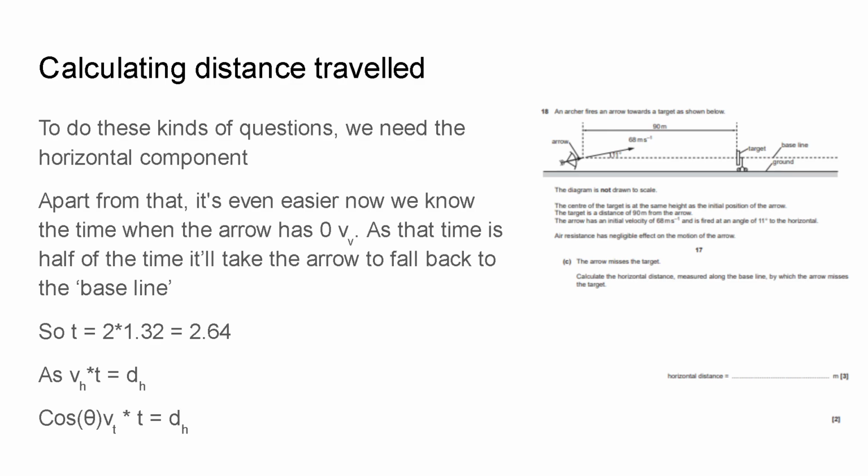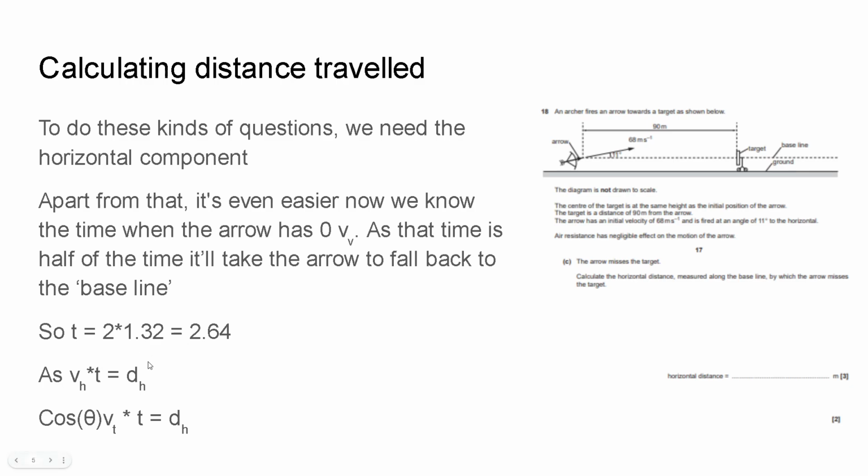This is a bit of a neat trick, but since the acceleration is constant the whole time, if you know the time when the arrow has 0v, you also know the time it'll take for the arrow to go back to where it started, because that's literally just double the time taken for it to get to 0v. So t in this case is 2.64.